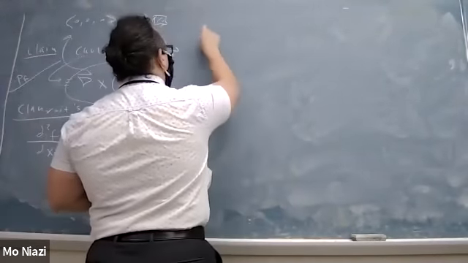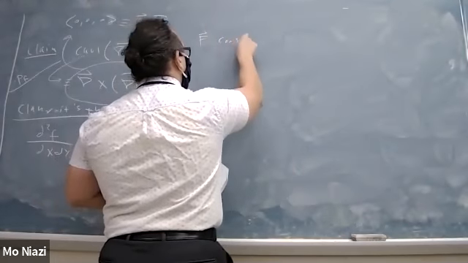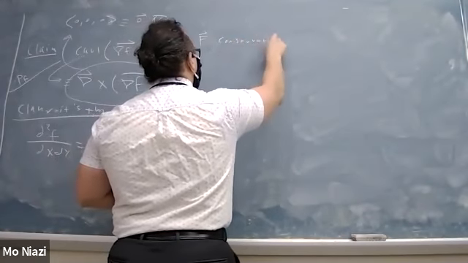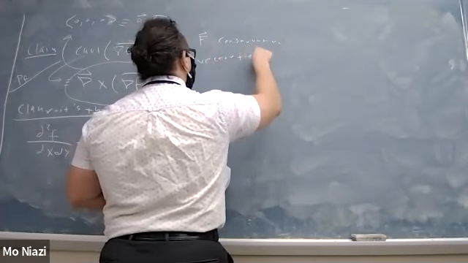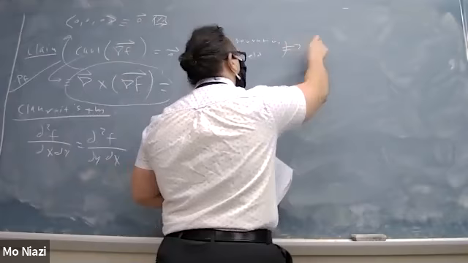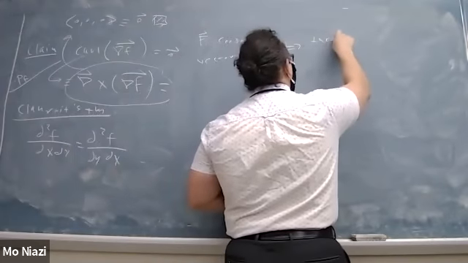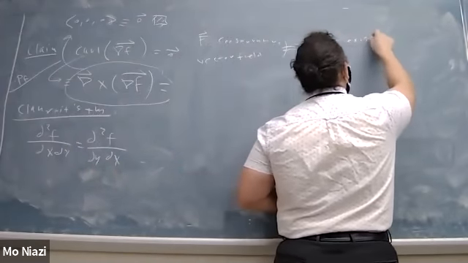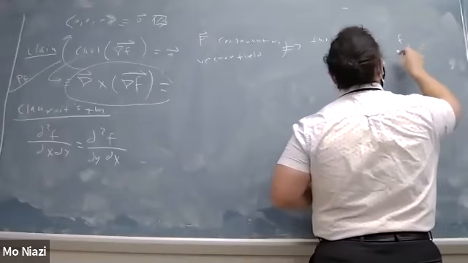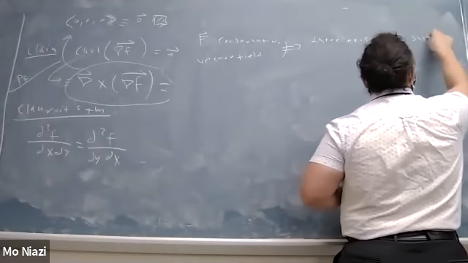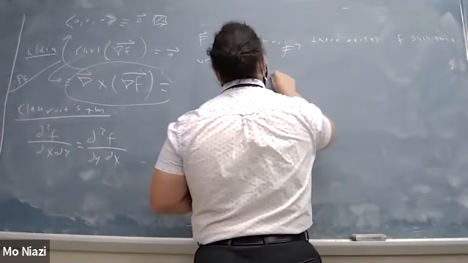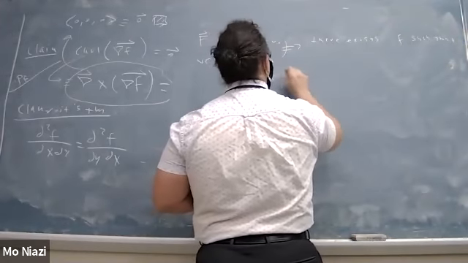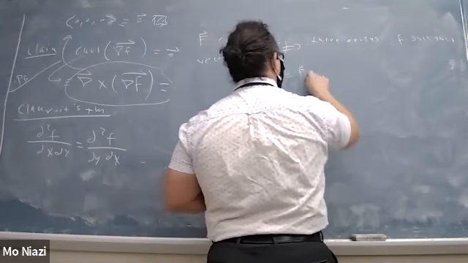So remember that if F is a conservative vector field, this implies that there exists some potential function f such that the gradient of that f is equal to your vector field.